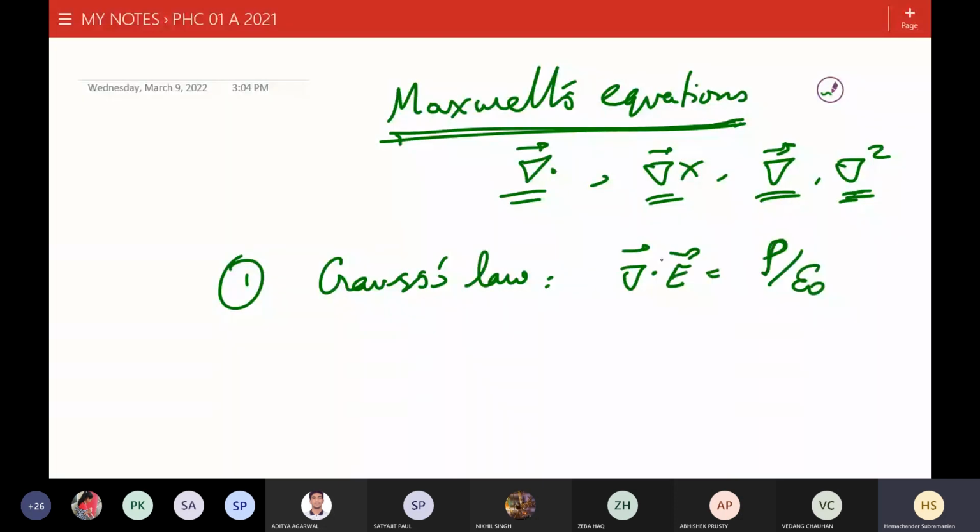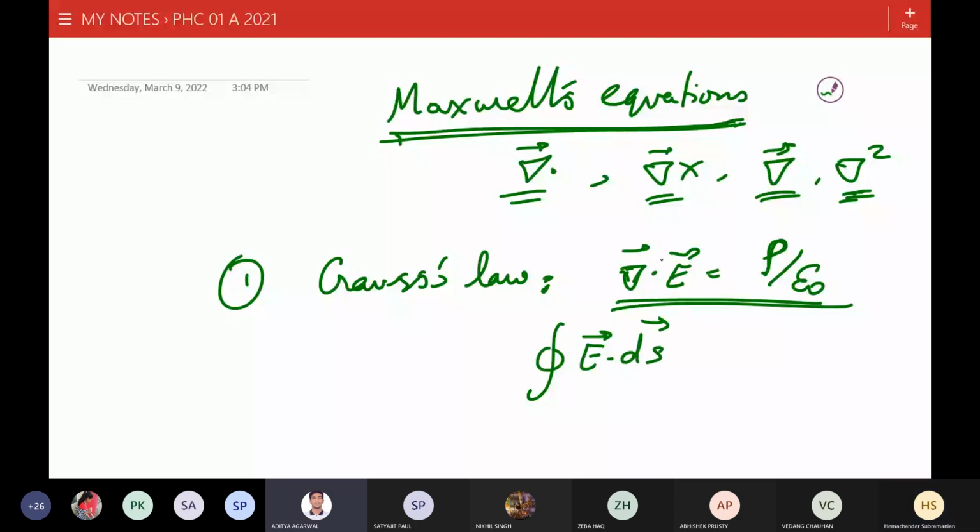There are 2 forms for each law. This is the differential form. There is also an integral form.